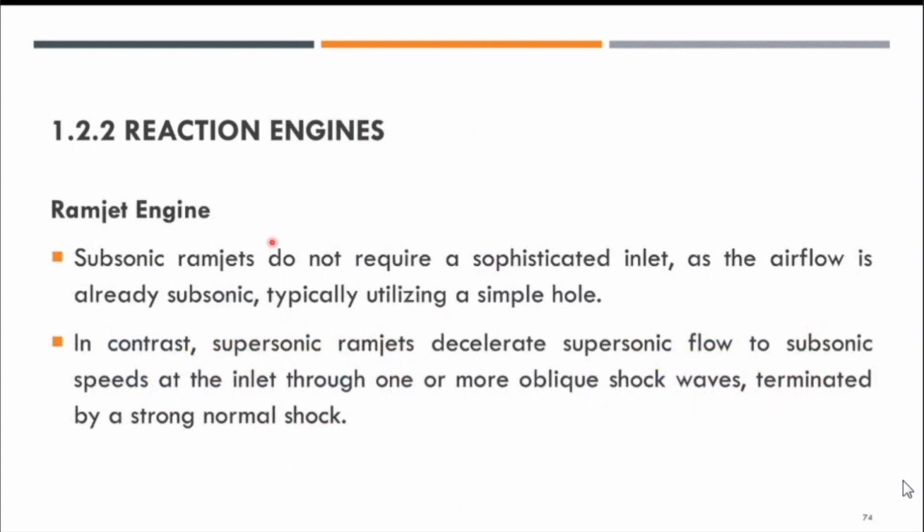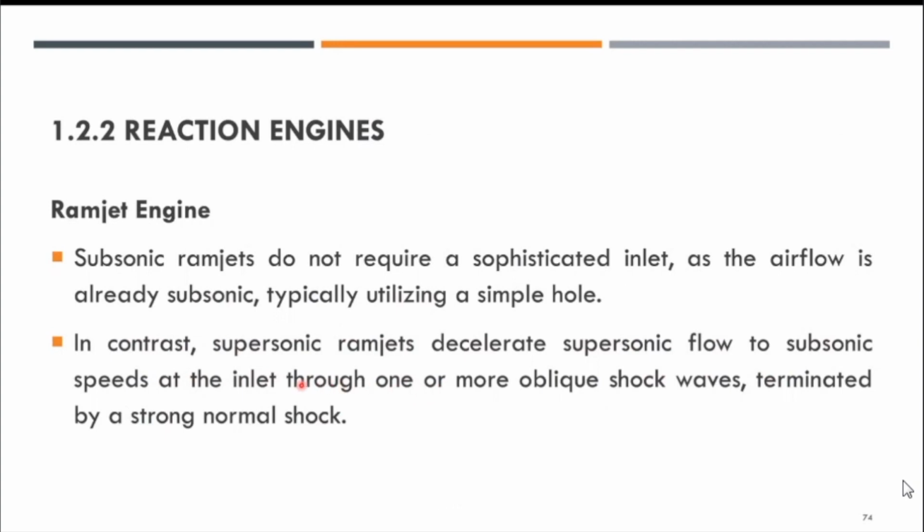The subsonic ramjet does not require a sophisticated inlet. You can just use a normal subsonic type of inlet, typically utilizing a simple hole. In contrast, the supersonic ramjet decelerates supersonic flow to subsonic speed. You cannot burn the fuel at supersonic flow. That's why you need to reduce it by having a diffuser in the supersonic ramjet configuration.